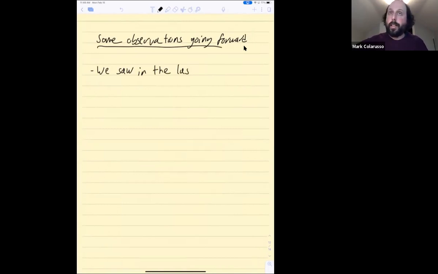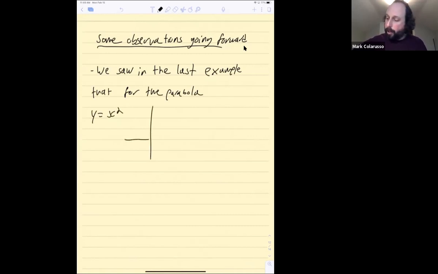Okay, so we saw in the last example that for the parabola, y equals x squared, that second graph at the bottom of page 1, you had this relative min, right?